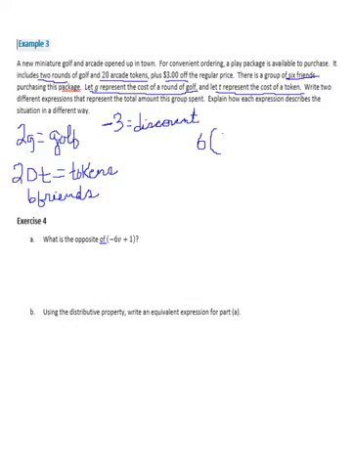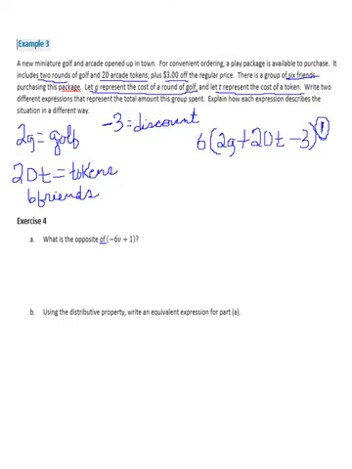So 6 times 2G plus 20T minus $3 because everybody gets that discount. Okay, so there's one expression. All right, let's try the next one.